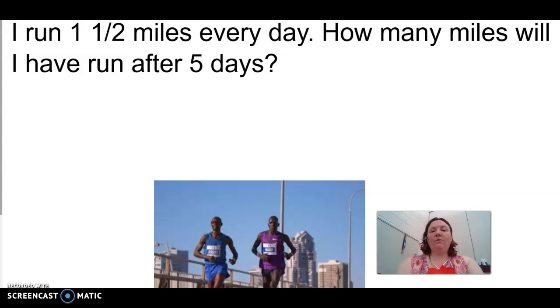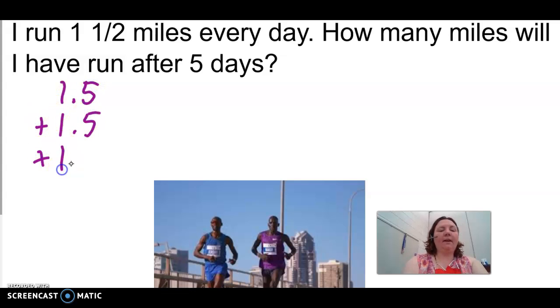So we could use 2 different methods to solve this. The first would be to just keep track of each day. Now I'm going to convert 1 and 1/2 to 1.5. And so I have 1.5 plus 1.5 plus 1.5 plus 1.5.